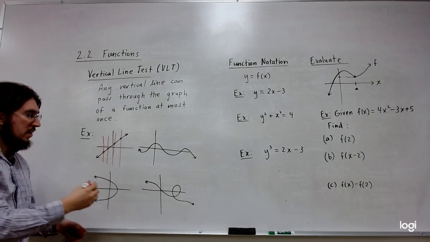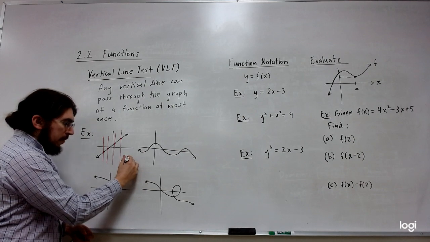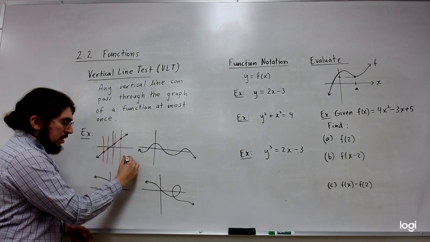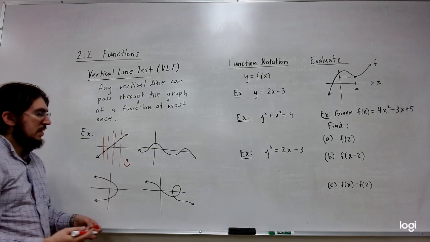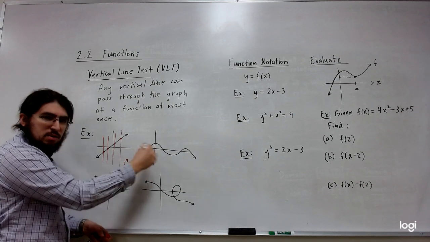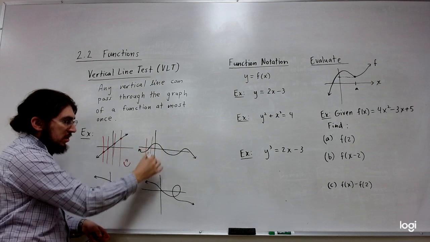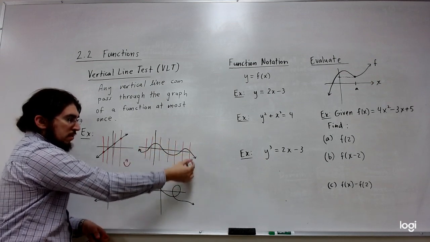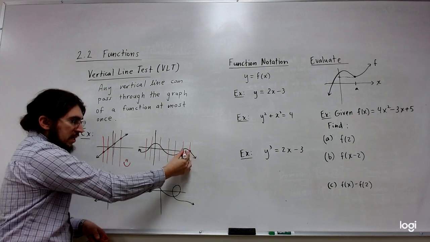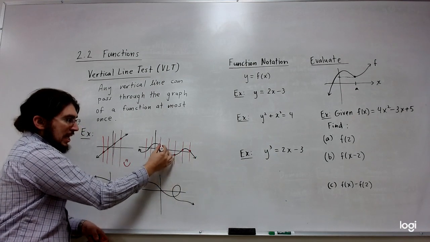So this is a function. Let me write a smiley face for function, and then a sad face for not a function. Here it's also the case, even though it's really curvy. Any vertical line you pass through the graph of the supposed function only passes through it once, and it is a function.